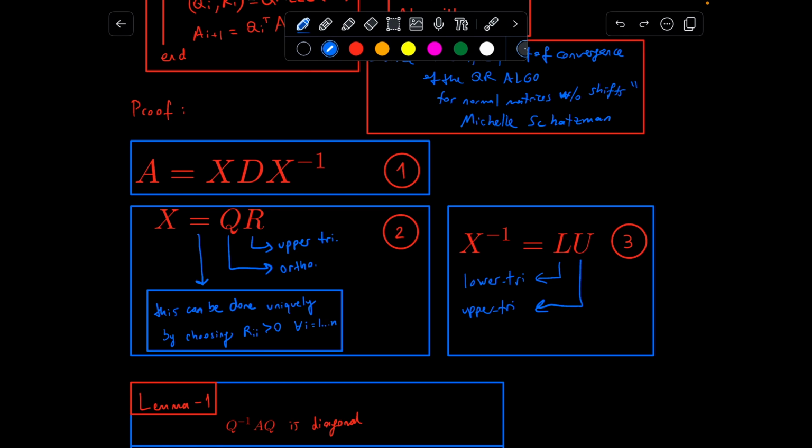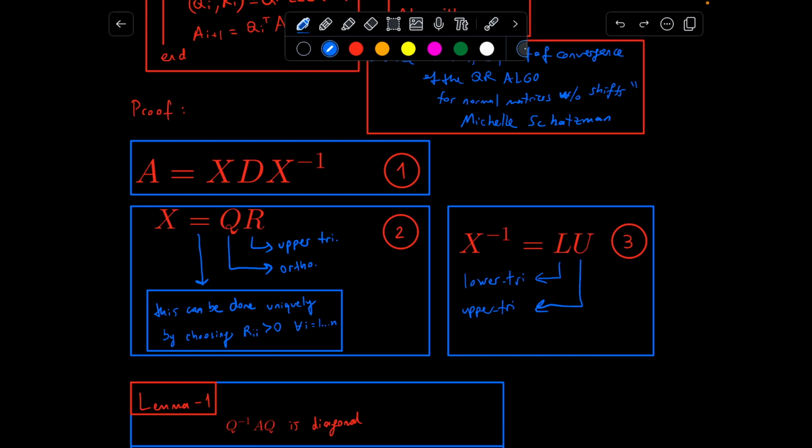D is a diagonal matrix such that each entry on that diagonal corresponds to an eigenvalue of the given A matrix. We are familiar with this. Let's call it equation number 1.